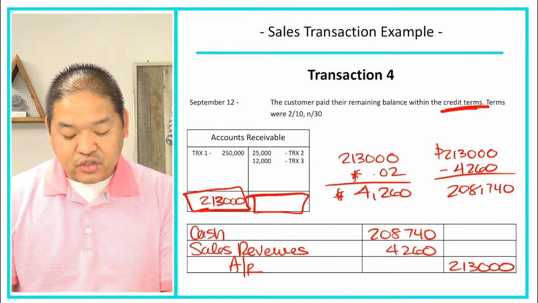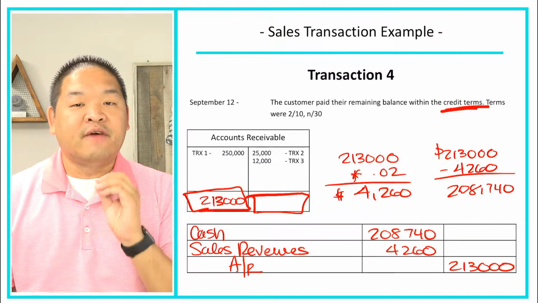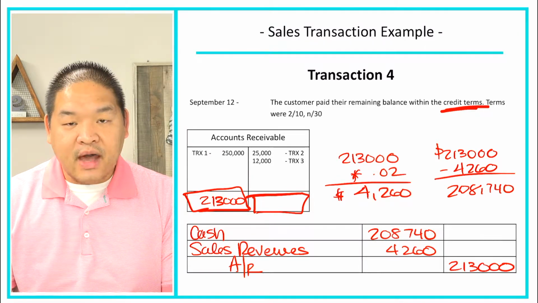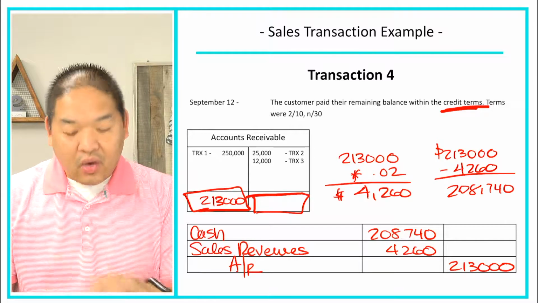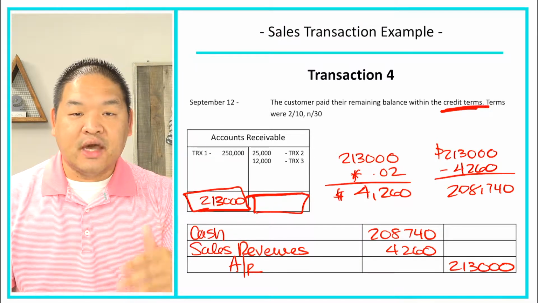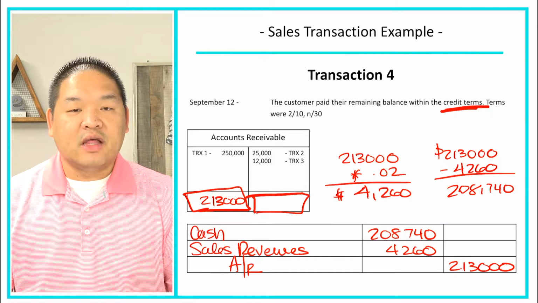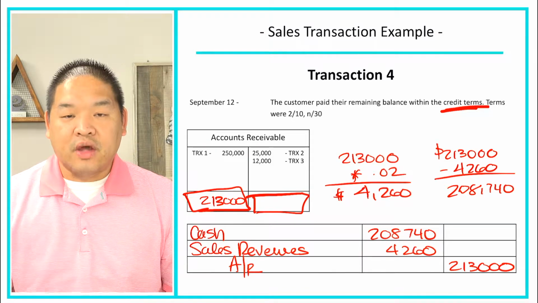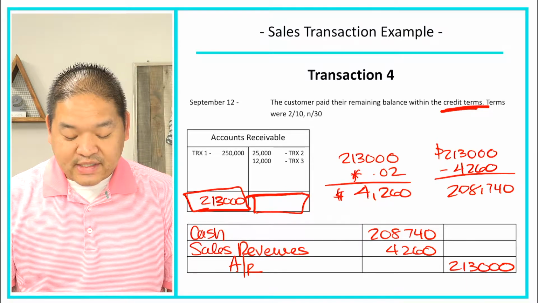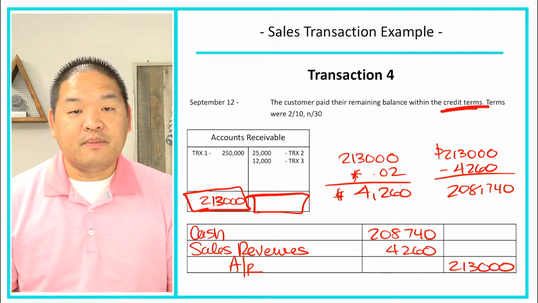So we have to reduce the accounts receivable by the full amount that they were supposed to owe us, net after returns and allowances. And then the hole that we would have would basically get plugged with a reduction to sales revenues because basically we're selling the goods even less than we thought we were going to sell it in the first place. So that is transaction number 4 for September 12th.